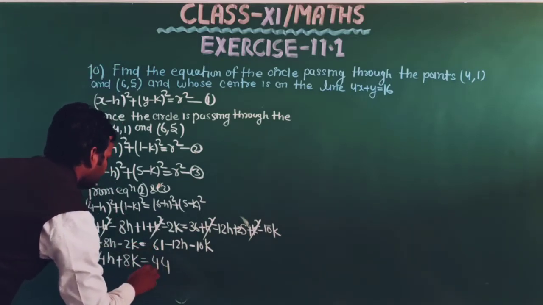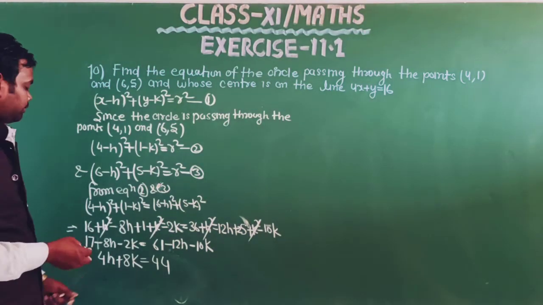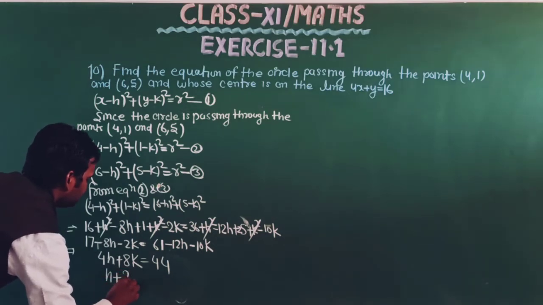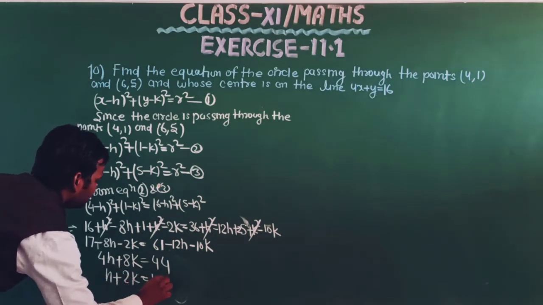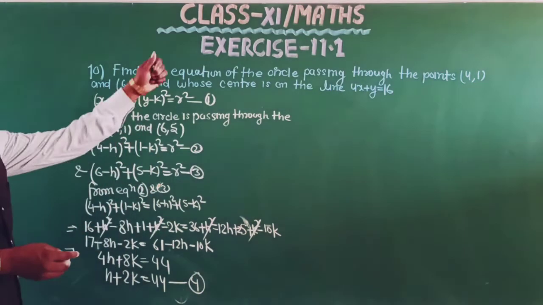So this is 44. Now taking 4 common, this expression becomes h plus 2k equal to 11. Say this is equation number 4.